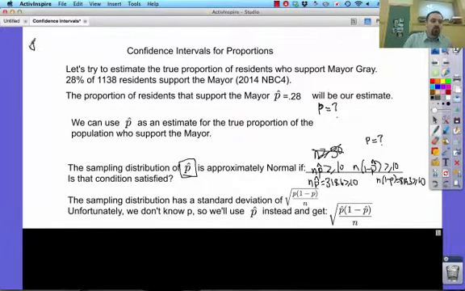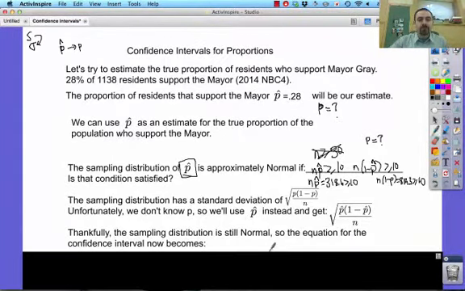Remember that when we had to use s to approximate sigma, we had this issue where we had to use a different distribution entirely. In our case here, it's really okay to substitute p hat into an equation where you need p, and it's not going to change our calculations. Let's move on.